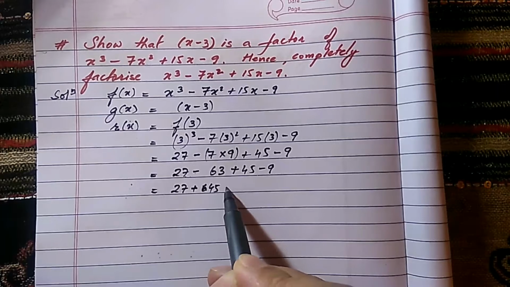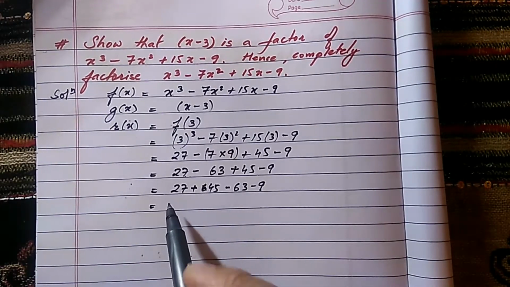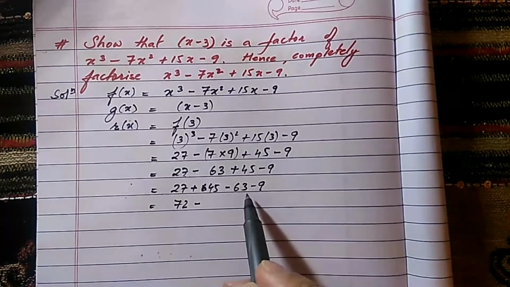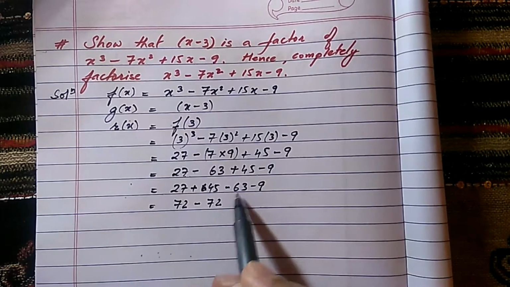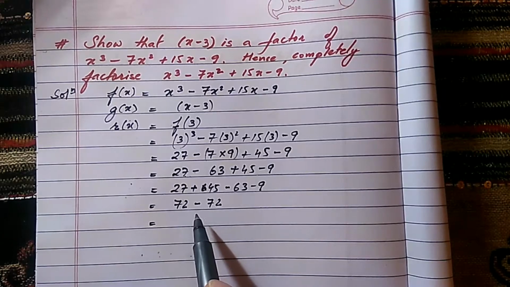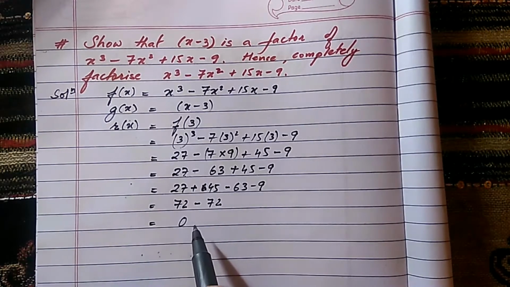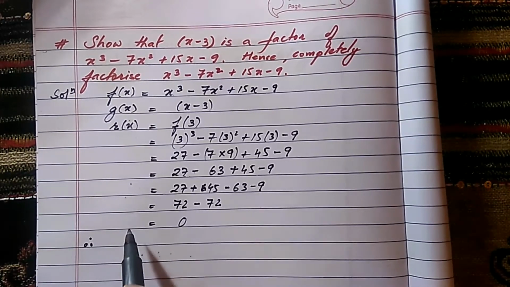This is 27 plus 45 minus 63 minus 9. Now when we add 27 with 45, we get 72. Similarly, when we add 63 with 9, again we get 72 but with a negative sign. So these two, being opposite in sign and same in magnitude, get cancelled and we get 0. Therefore, we have answered the first question.